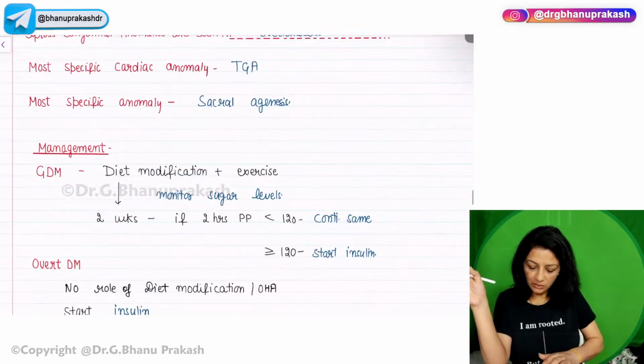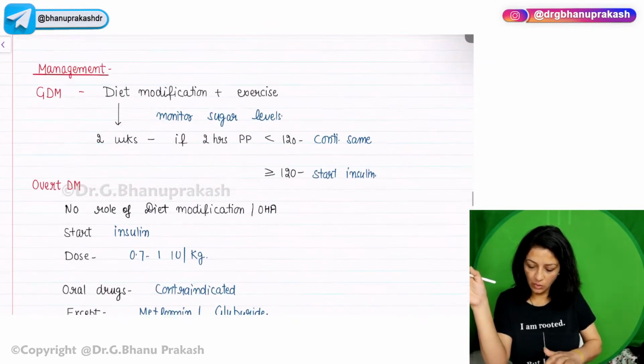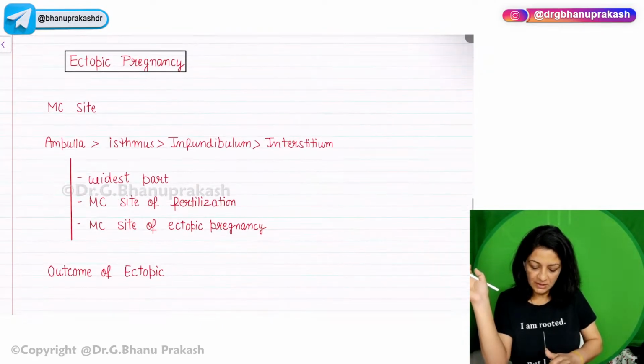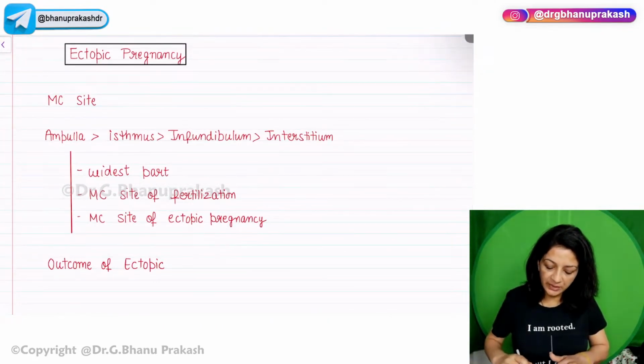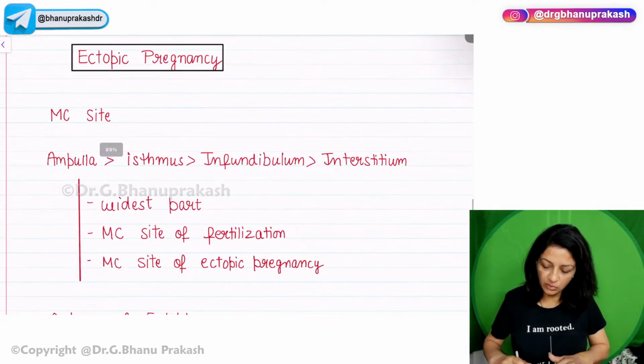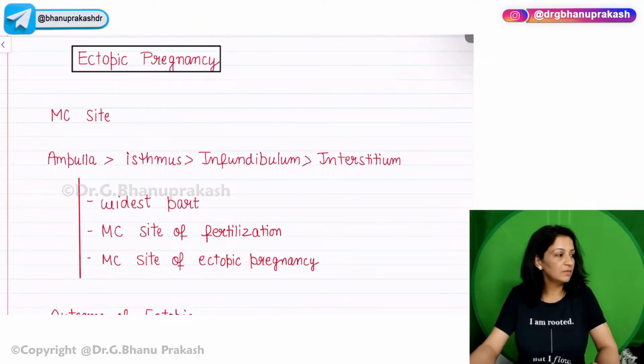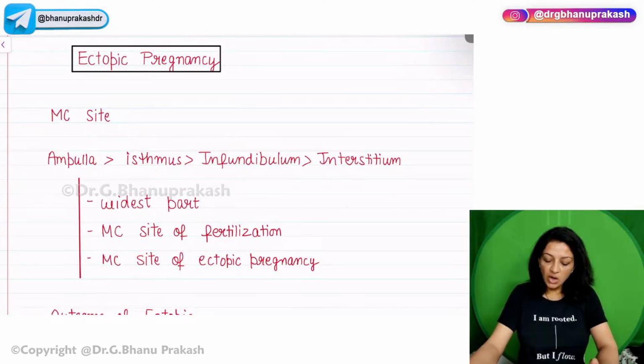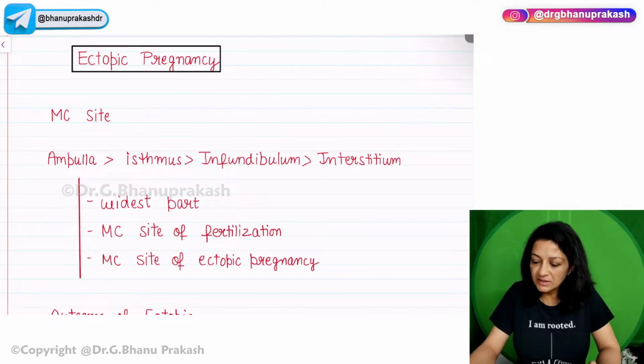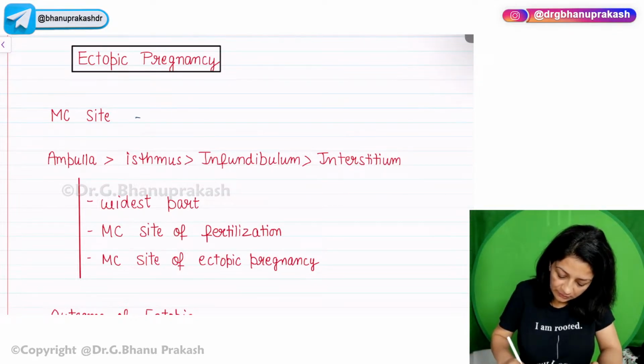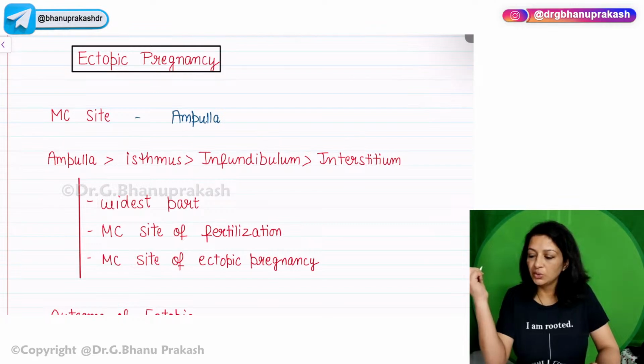So this is all about GDM and overt diabetes. The next topic is ectopic pregnancy. The most common site of ectopic pregnancy is the ampulla of the fallopian tube.